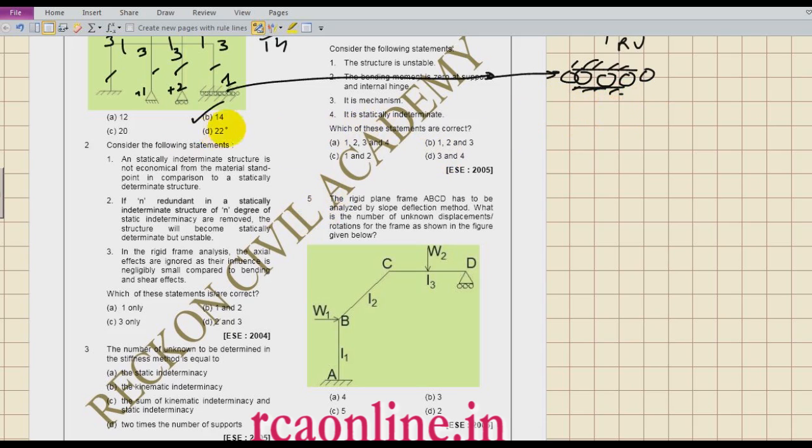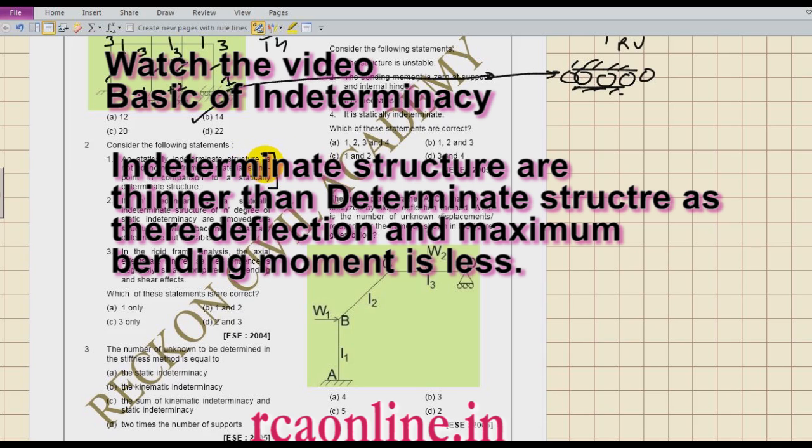Now see this following statement. It says a statically indeterminate structure is not economical from the material standpoint in comparison to a statically determinate structure. No, as I said in my notes also, we cannot comment on the economy. I write it, it is very important, it has been asked many times in interviews also.